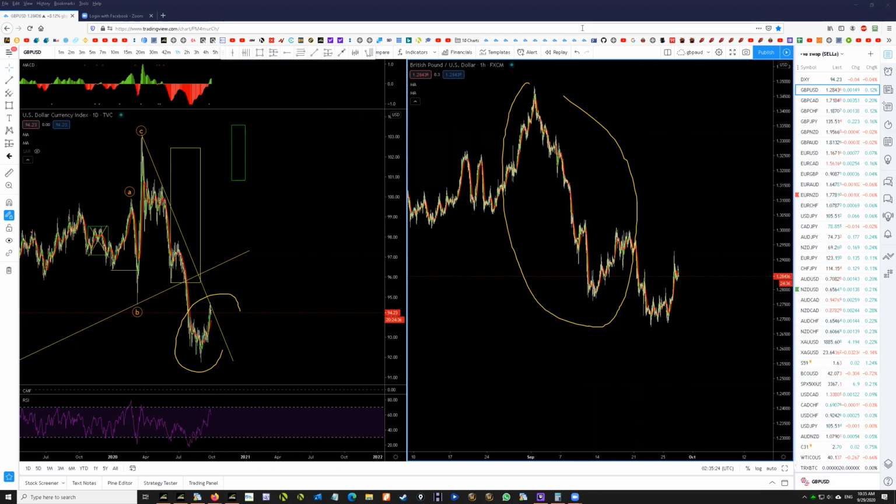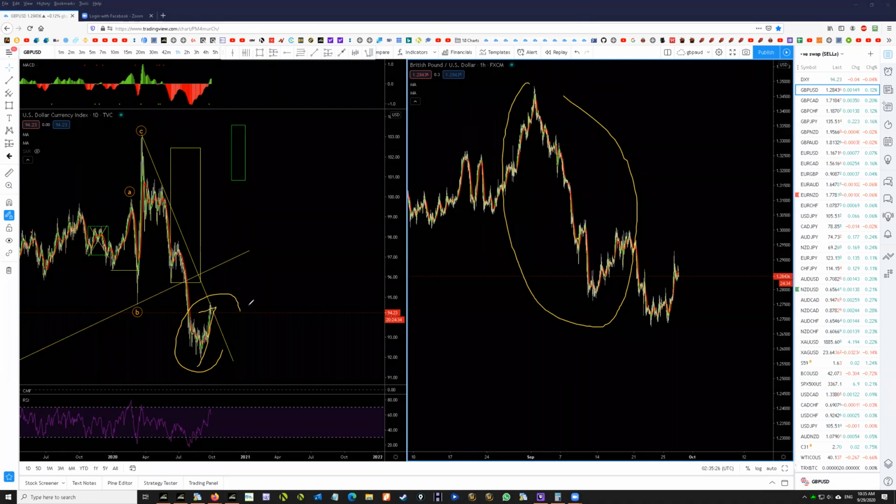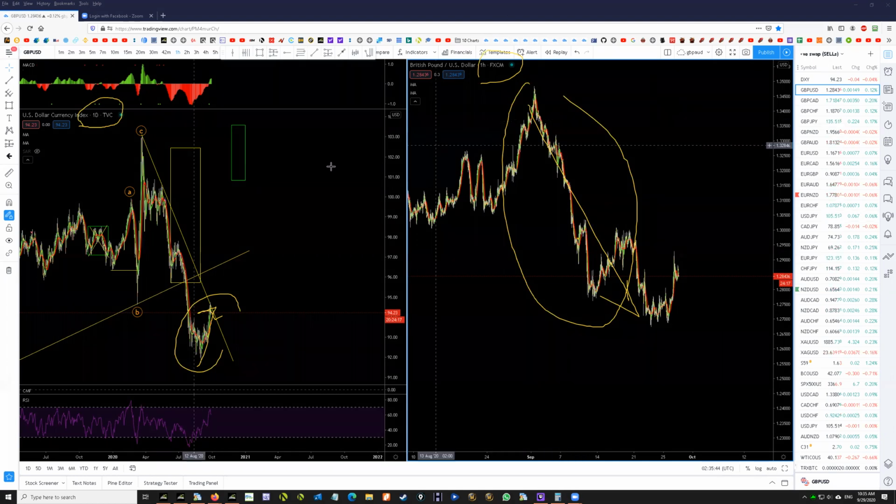Generally it was down. As this went up, generally this went down. Even though this is a 1 hour time frame and this is daily, it's still the same thing because the cursor is synced together.